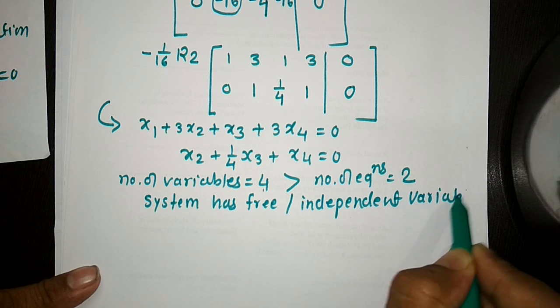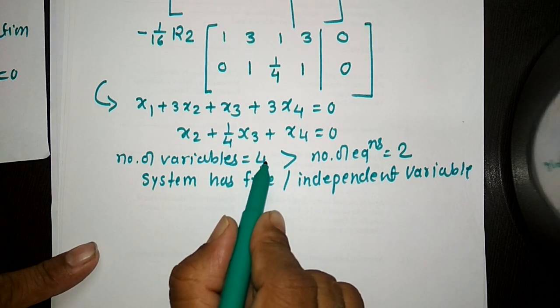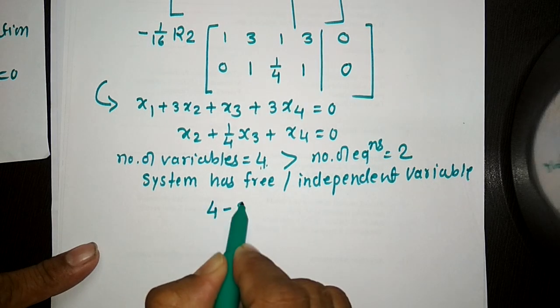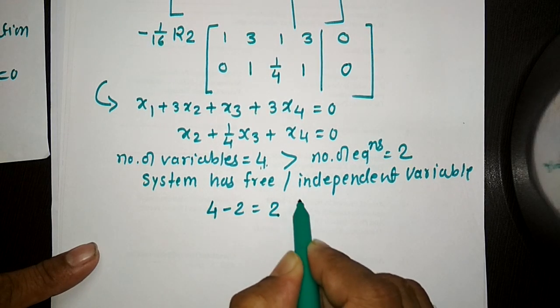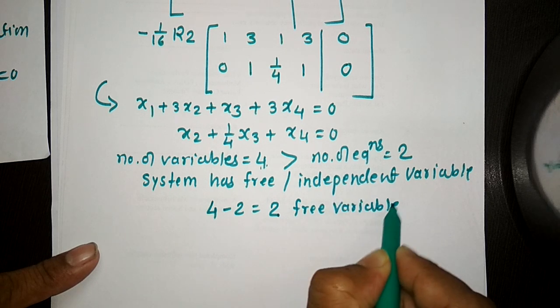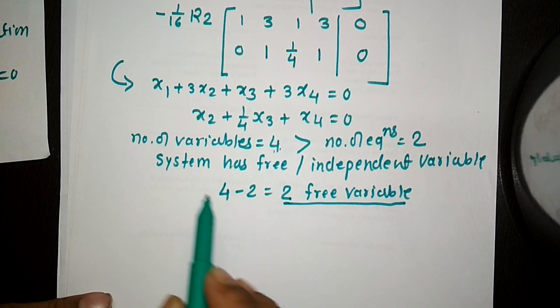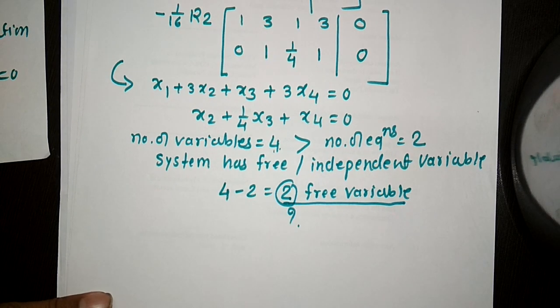But how many independent variables are there? Total there are 4 variables. So if we take the subtraction 4 minus 2, that is equal to 2. So the system has 2 free variables. Free variable means the variable takes any real number. There is no restriction.